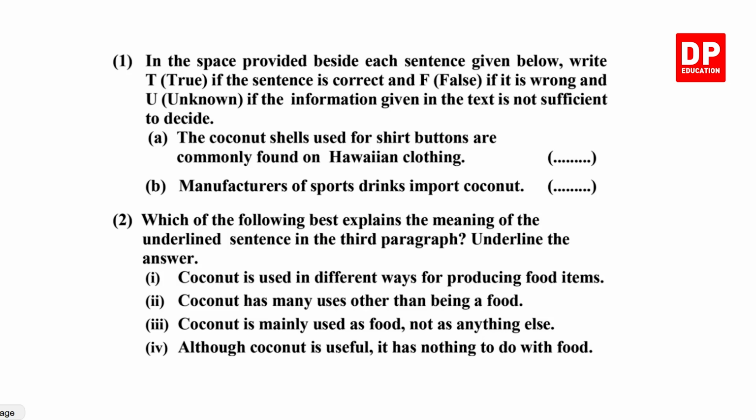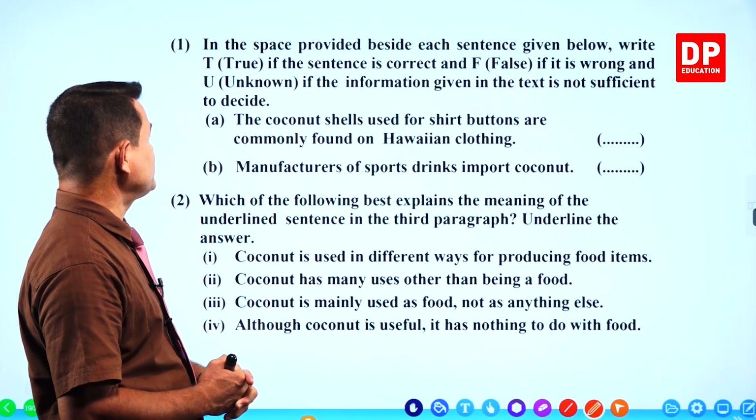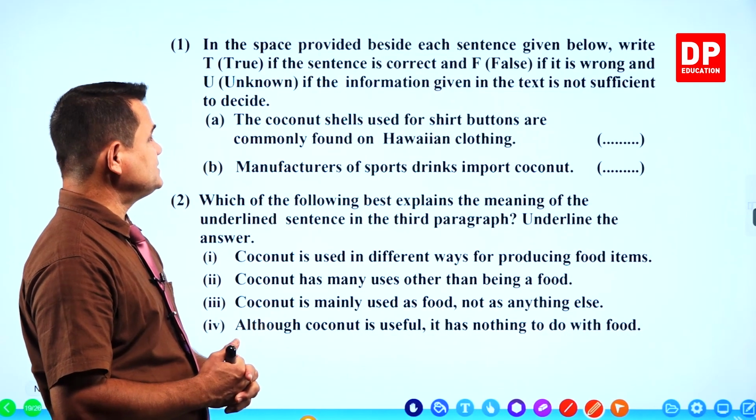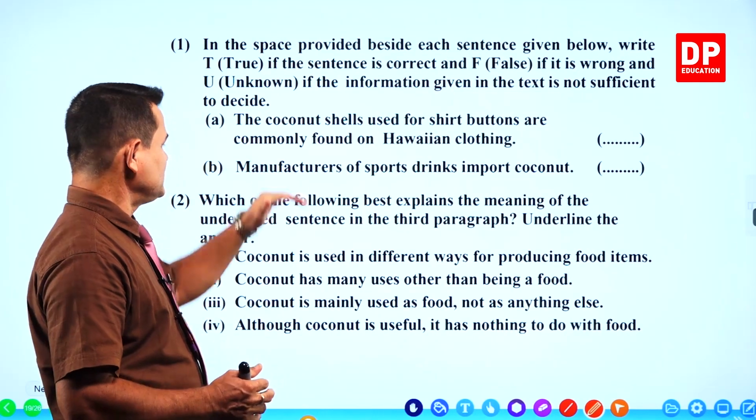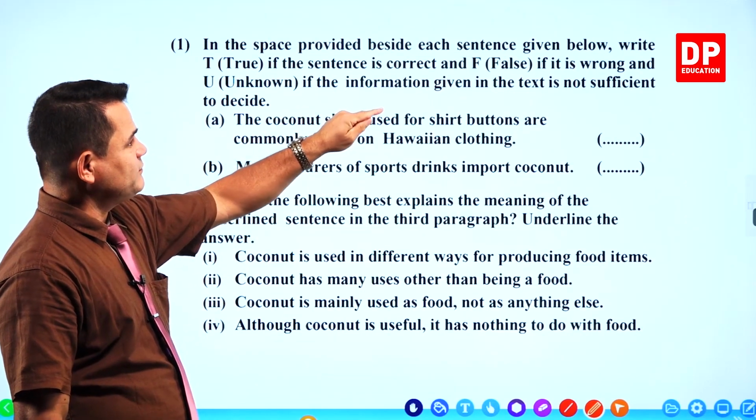Look at the questions now. In the space provided beside each sentence given below, write T, that means true, if the sentence is correct. False if it is wrong.